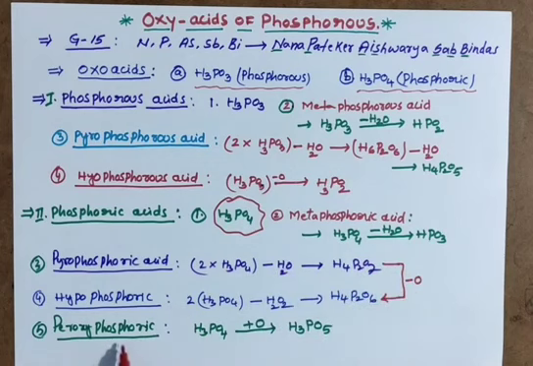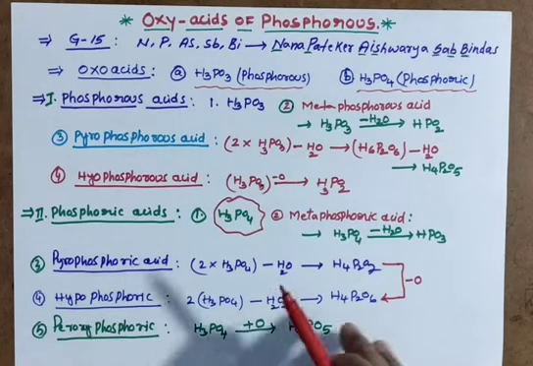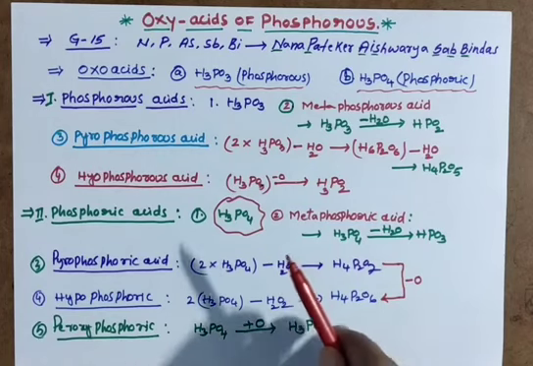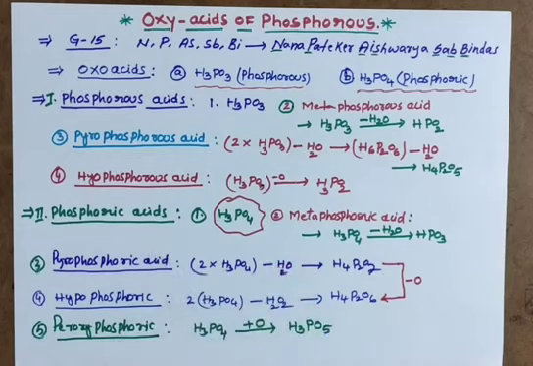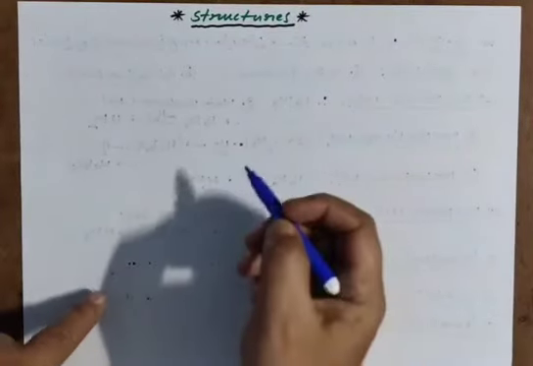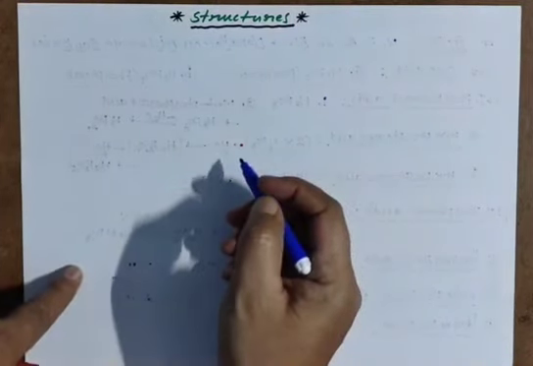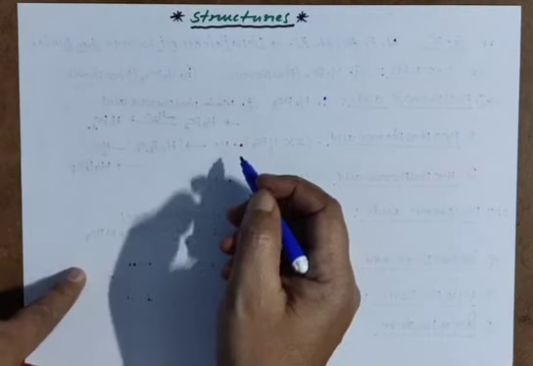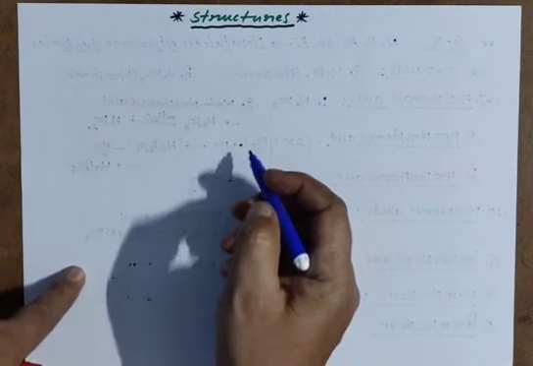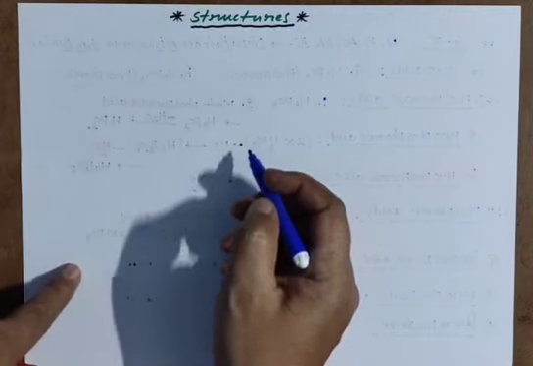Next, peroxy: from the basic unit, phosphoric acid, you add one oxygen and you get peroxy. This is the trick to remember oxyacids of phosphorus. So we completed the names of the phosphorus acids, that is phosphorus and phosphoric.